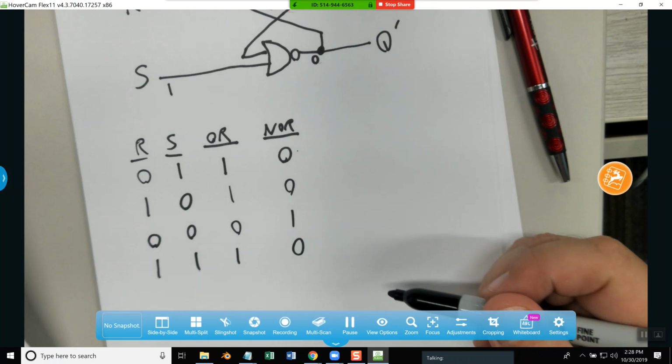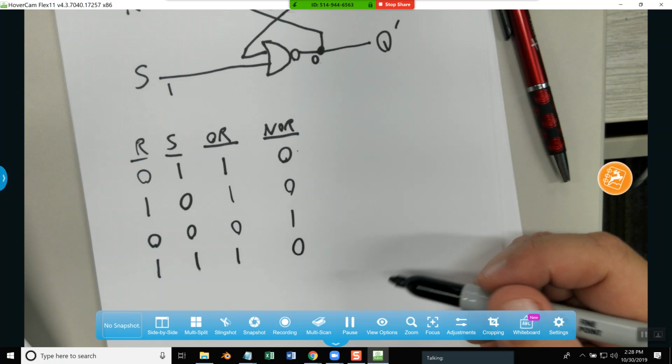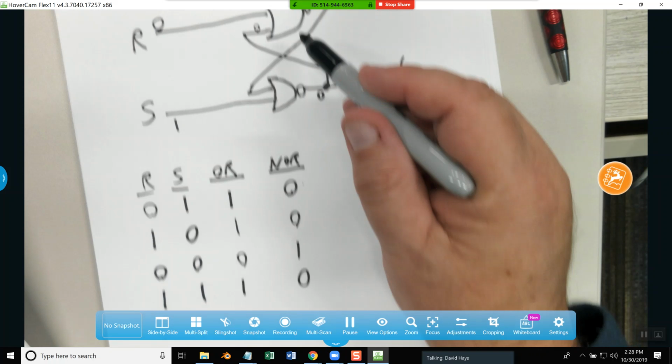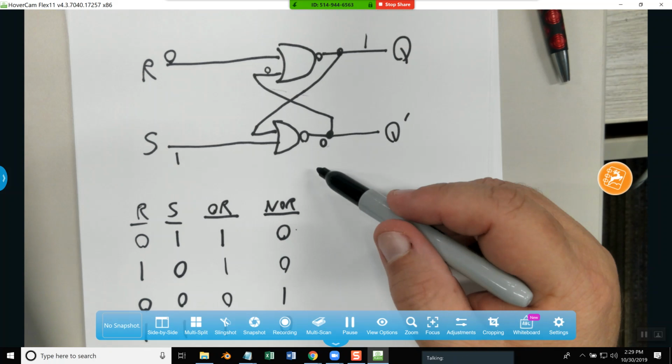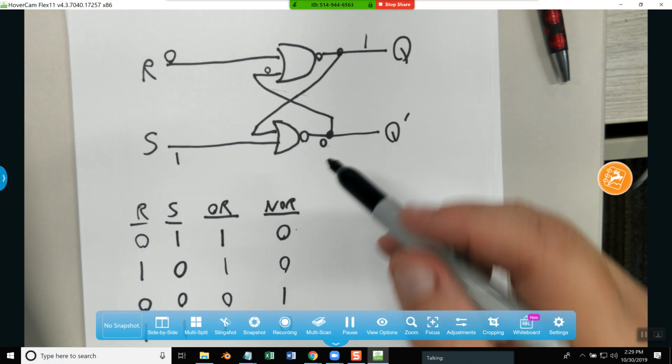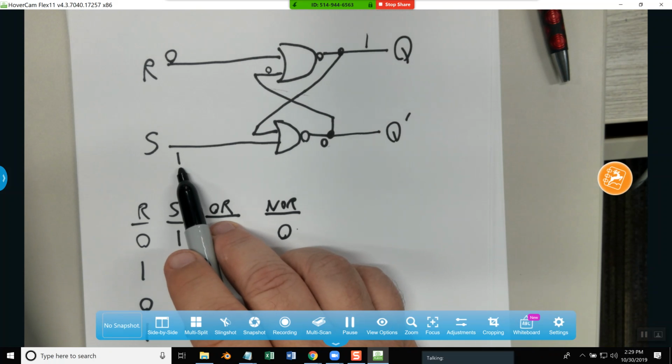But before they do anything else, the S input must go back to 0 before any other changes take place. If I change this to a 1, that's a 1 coming in there, which means I'd have a 0 coming out.